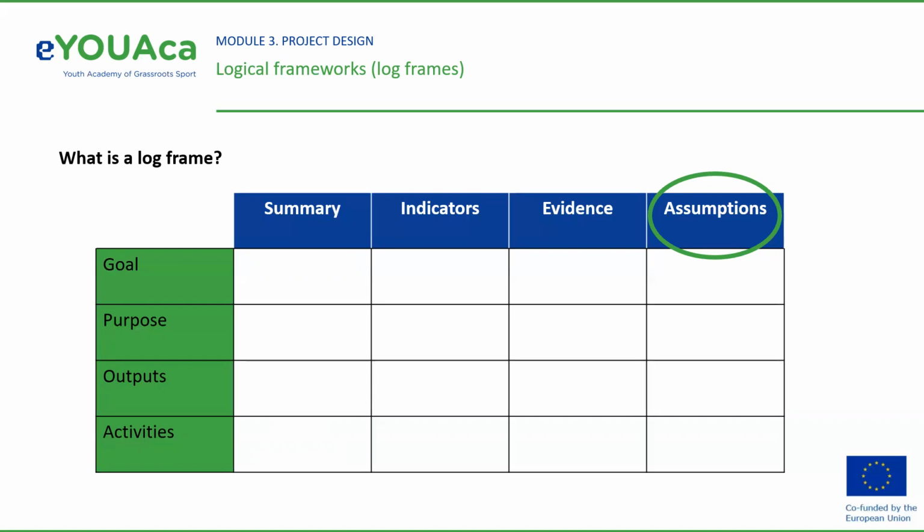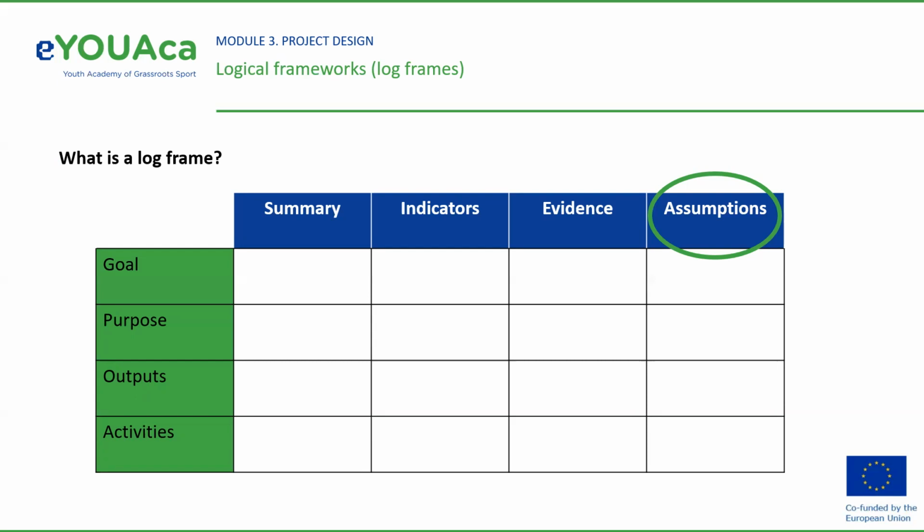However, we can never be 100% sure that each objective will lead to the next because there will always be a risk that external factors will affect the link. Most projects fail not because of bad project design, but because of a lack of attention to these factors that are either outside the control of the project or which are too difficult or costly to control.